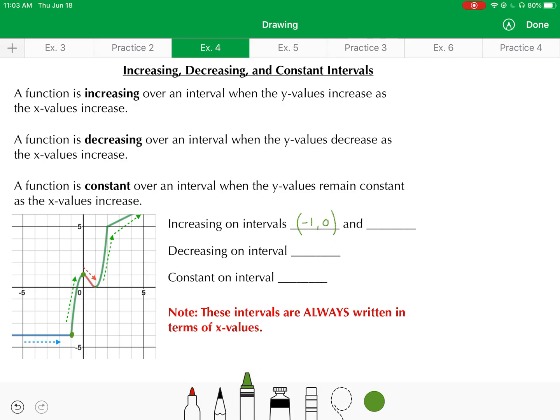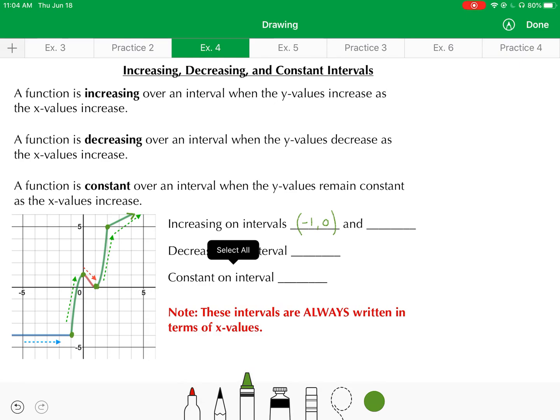Now the next increasing interval definitely starts right here. Some of you are going to argue that it ends here and then picks back up, but that entire section is green, right? All the way up to here even. So even though we're increasing at different rates, we're still increasing the entire time as we move from left to right.